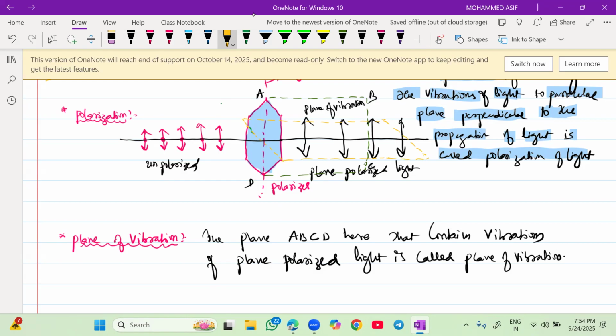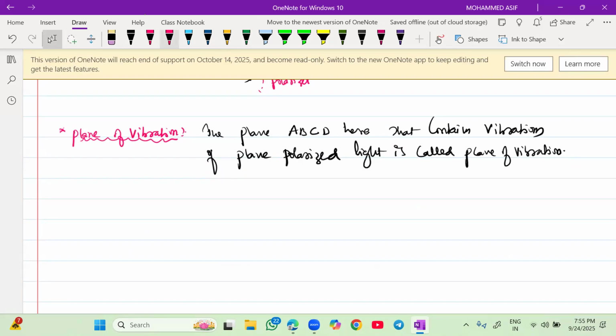Say this one is P, this one is Q, this one is R, and this one is S. So that is called the plane of polarization. What do you mean by plane of polarization? Polarization means what, beta? Stopping, isn't it? Like for example, if you do better in your examinations, you will be promoted to the next higher class, and then the next higher class, like that. That means every exam you are getting what do you call that? Polarized.